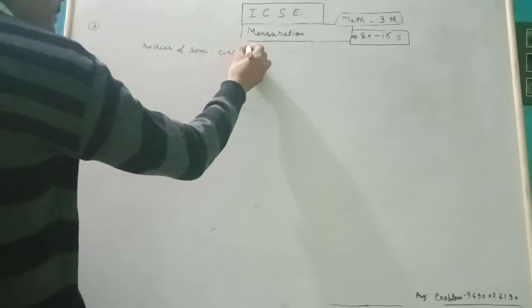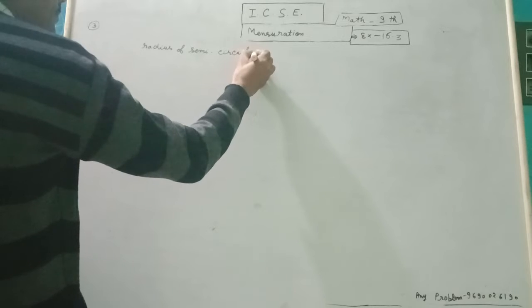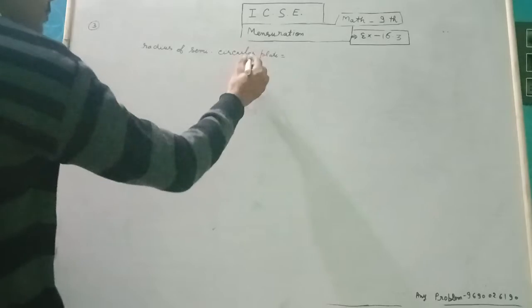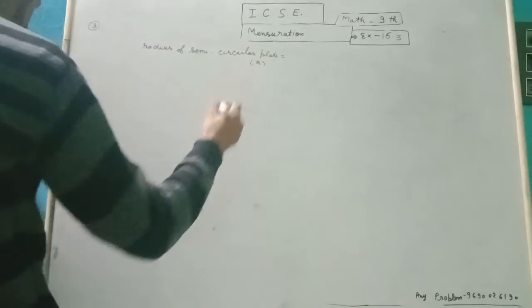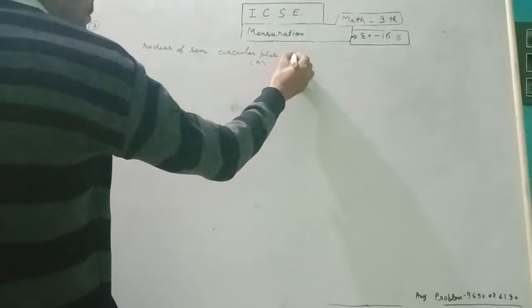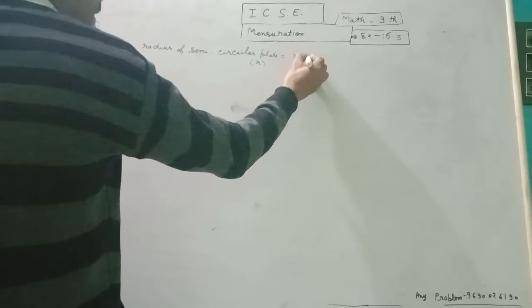Circular plate, radius is equal to 3.85 cm.